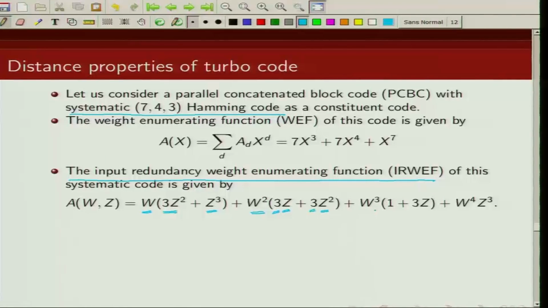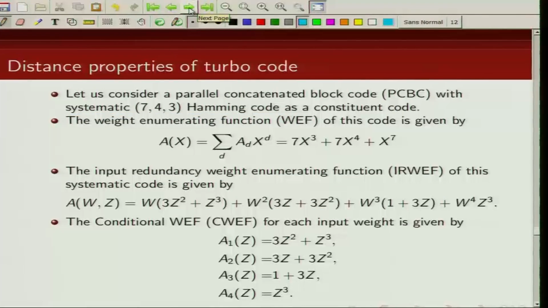Now we can also find the conditional weight enumerating function from this input redundancy weight enumerating function. When the input weight is 1, the conditional weight enumerating function is 3z squared plus z cubed.